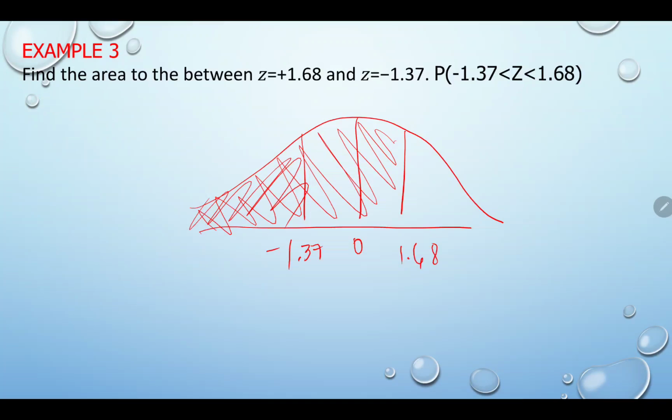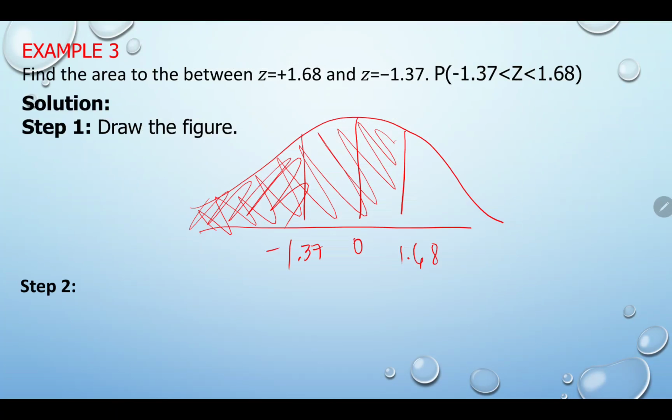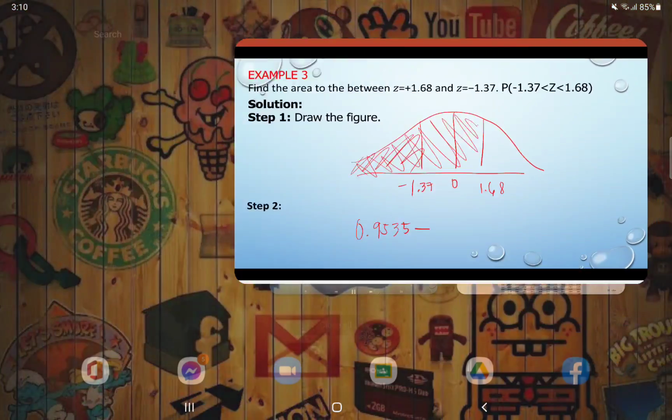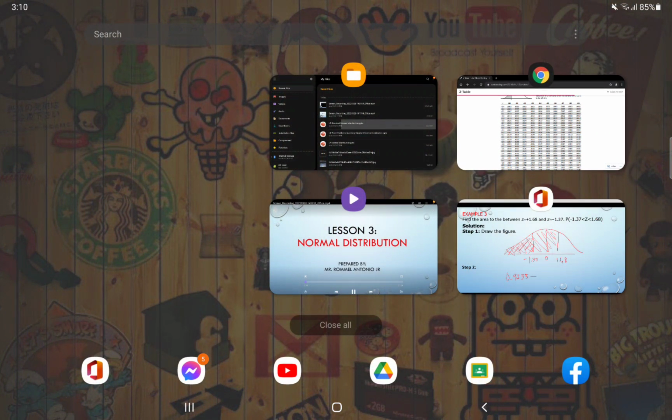No? So, kunin na lang natin siya. So, ating value is positive 1.68. Where is 1.68? 1.6 and 0.08. So, pag hinanap natin yan, that's 0.9535. Ima-minus natin sa negative 1.37. So, kumuha tayo ng isang table. Ano nga ulit yung value na yun? Negative 1.37.